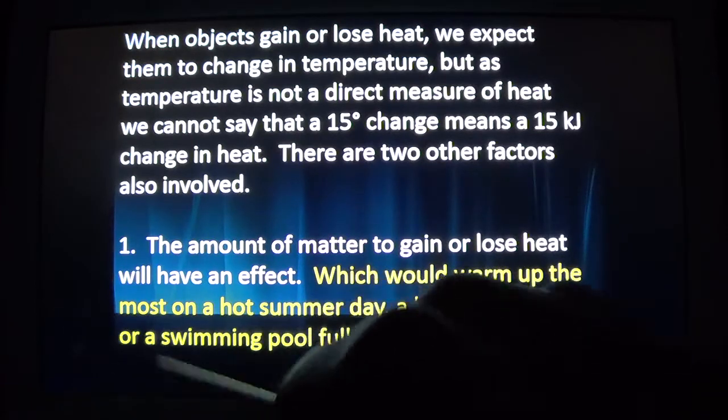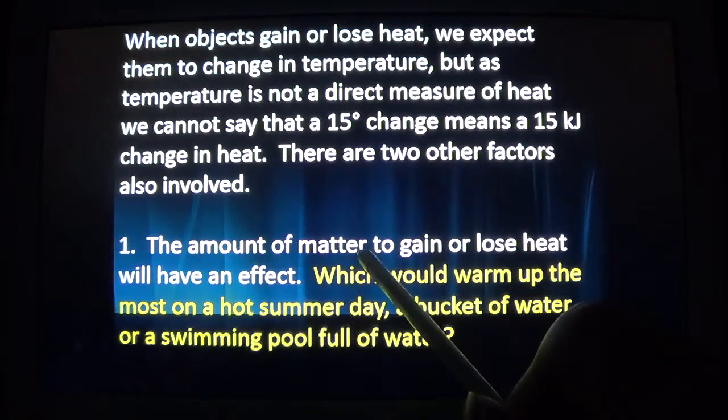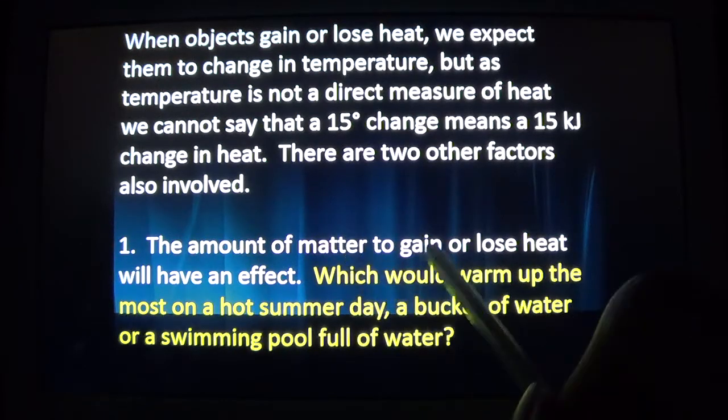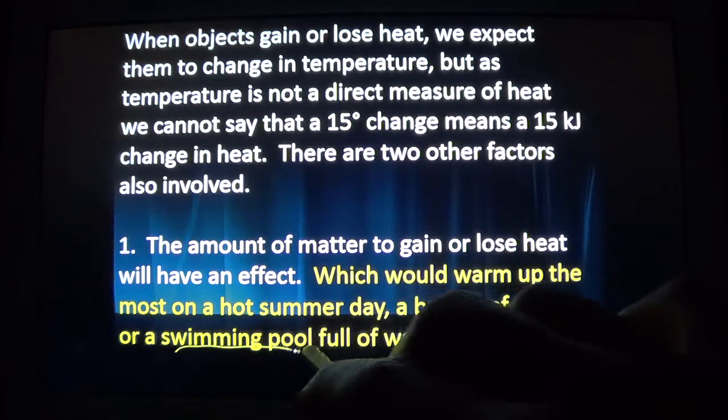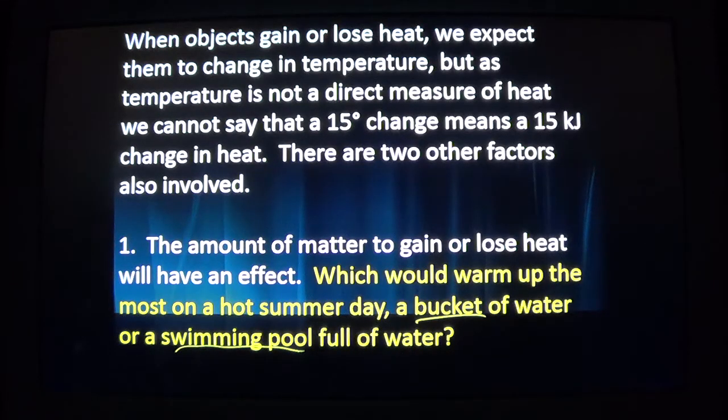There are other factors involved. The first one I want to talk about is the amount of matter. And you should know this from experience. The amount of matter that's supposed to gain or lose heat will have an effect. So I have a bucket of water, and I have a swimming pool full of water. And they both start at 60 degrees on a sunny day.